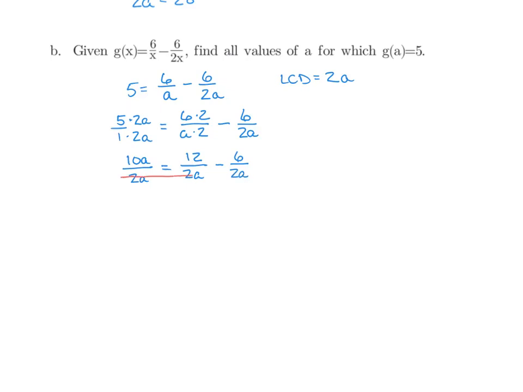All of my denominators are the same. They cancel. So we have 10a equals 12 minus 6, that's just equal to 6. I can divide by 10. And if we divide by 10, we get a equals 6 over 10. This does simplify further. We can divide by 2. I get a equals 3 over 5.